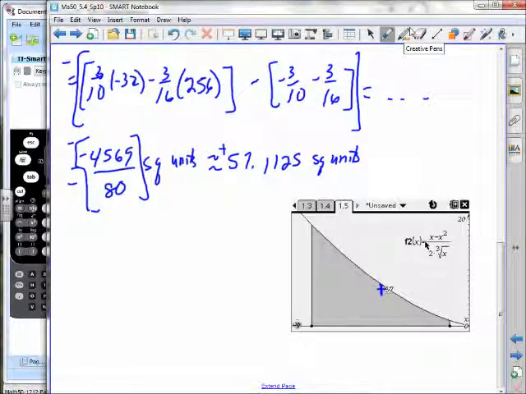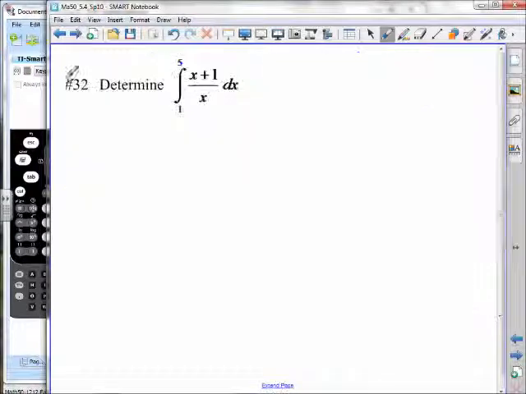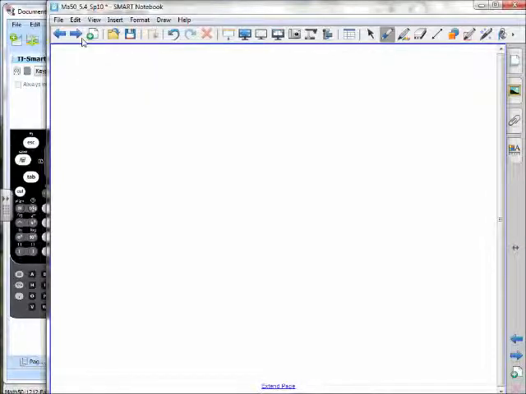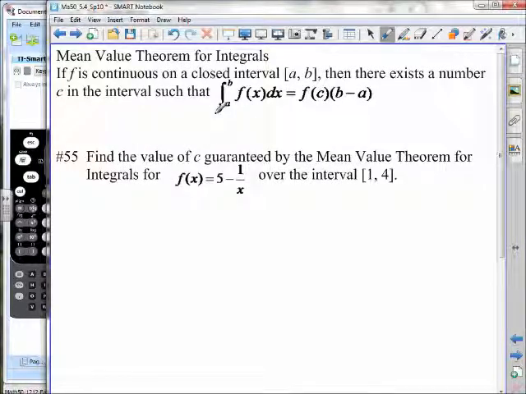Okay. Well, let's see. This is just looking at some examples. Another example here to go through. We're going to take care of these on Thursday, find the area bound. What I am really wanting to get to is this mean value theorem for integrals.